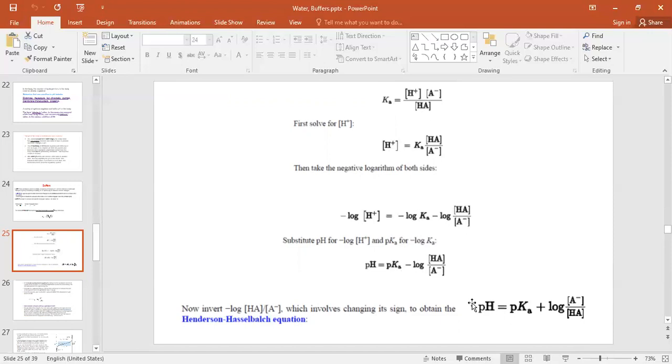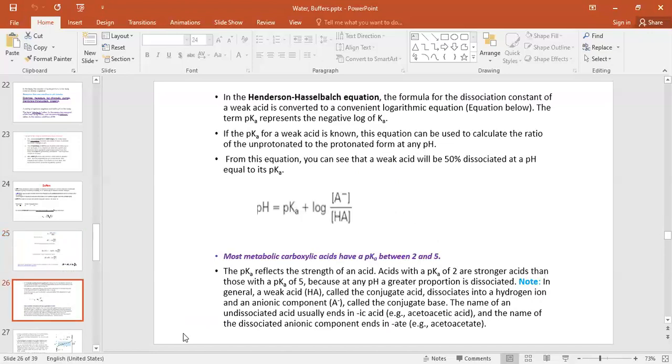What is the application of the Henderson-Hasselbalch equation? Why do we need this? A buffer solution contains a weak acid and its conjugate base.